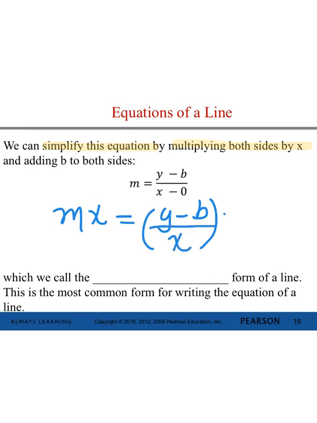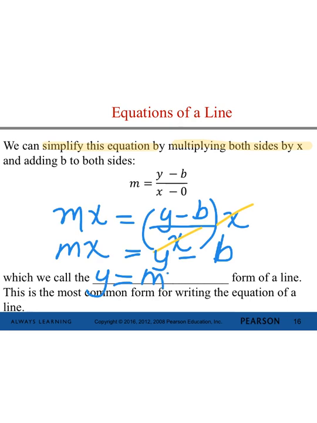So I'm going to multiply both sides by that x. And what happens then is that these x's cancel. And I'm left with mx equals y minus b. So then if I add b to both sides, what I actually get is that y is equal to mx plus b.